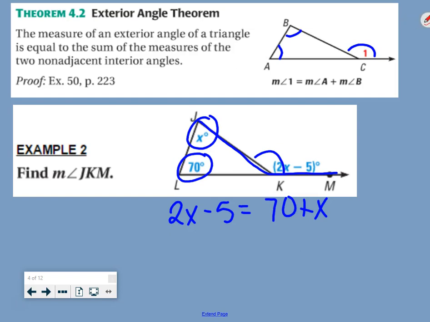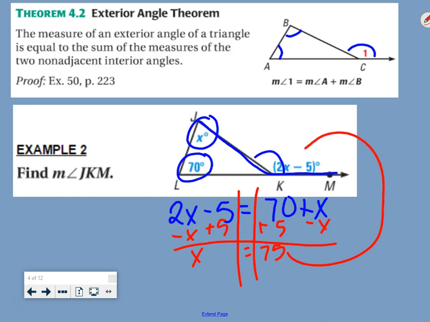Solve for x: subtract x on both sides, add 5 on both sides, x equals 75. Plug that in here so we can solve for the measure of that angle. We do 2 times 75 minus 5. 2 times 75 is 150, minus 5 is 145. So the measure of angle JKM would be 145 degrees.